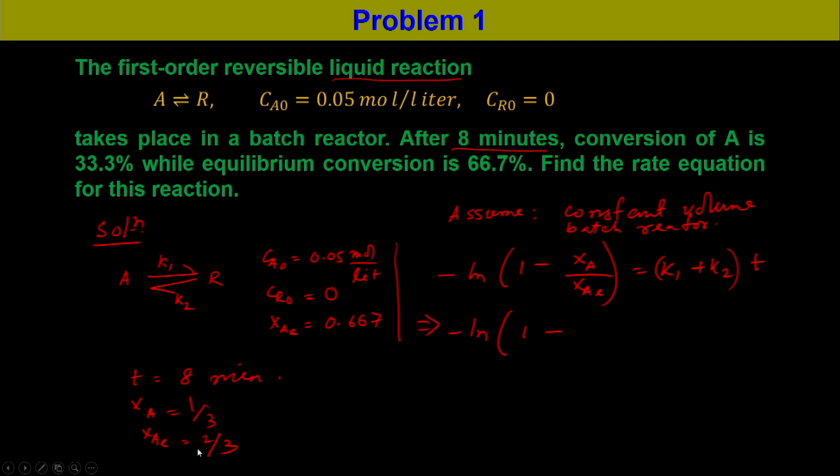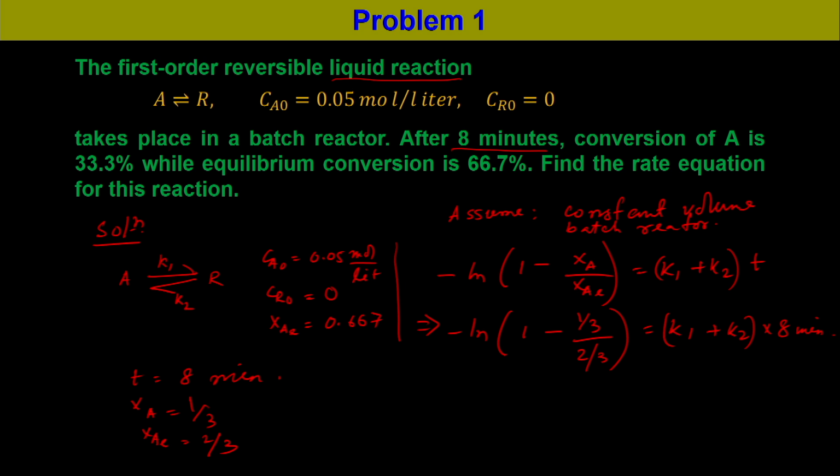So, if we substitute these values over here, this is 1/3 divided by 2/3, is equal to (K1 plus K2) into time, which is 8 minutes.